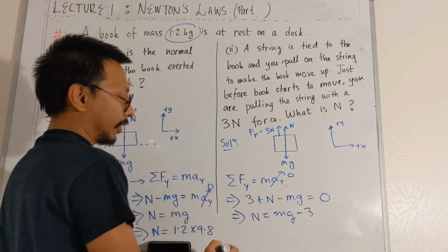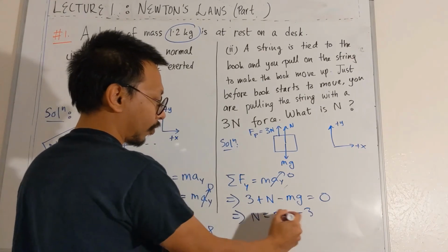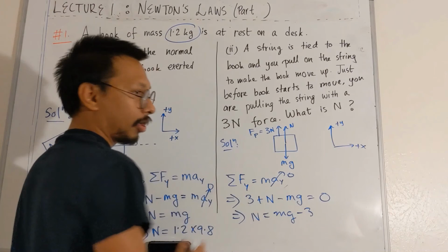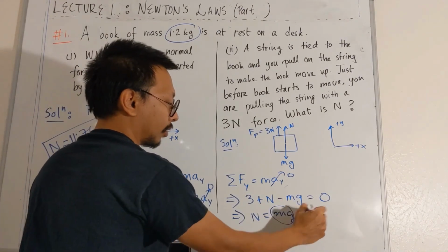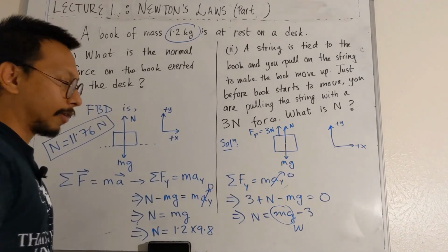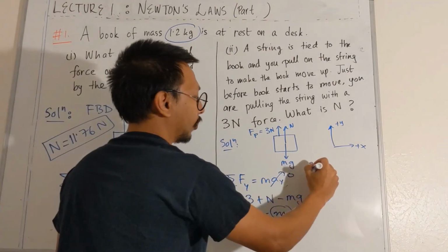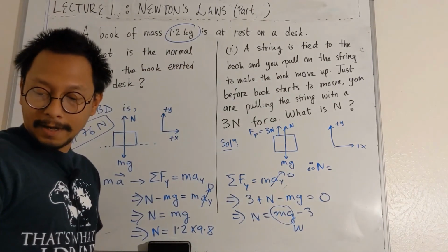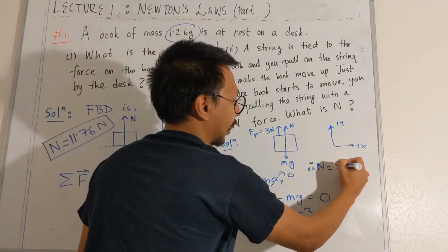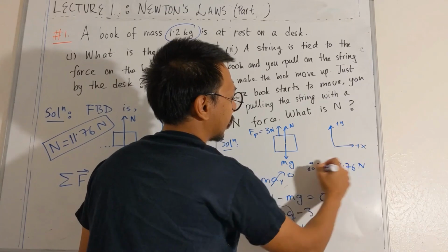Here we can see that the normal force is actually smaller than the weight. This is the weight minus 3, right? So therefore the new normal force is 8.76 newtons.